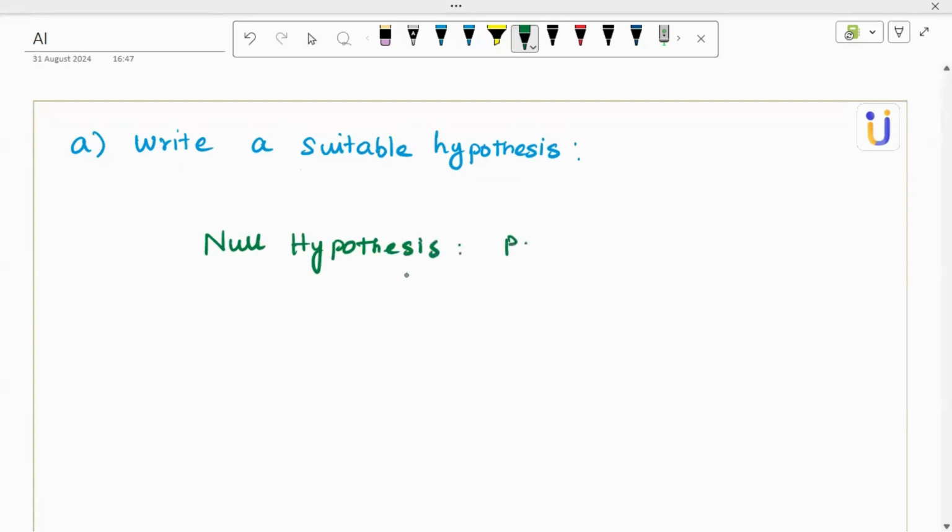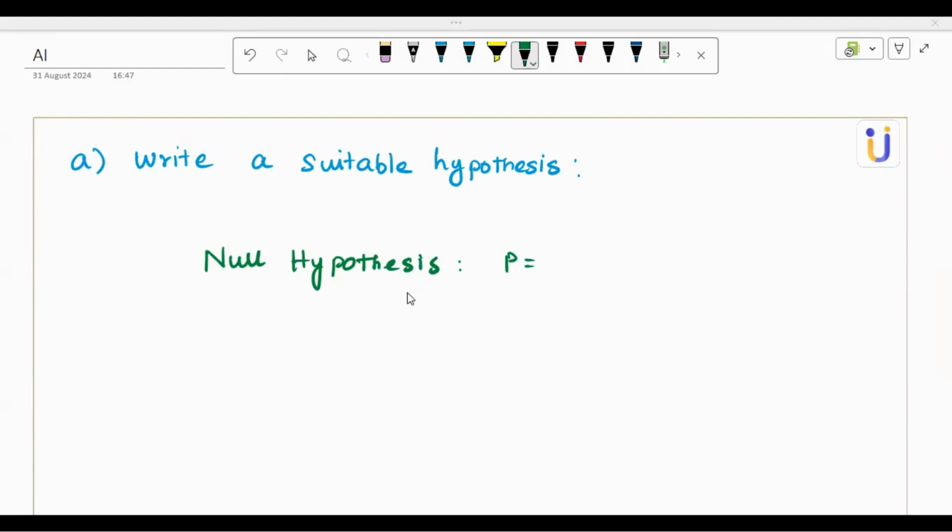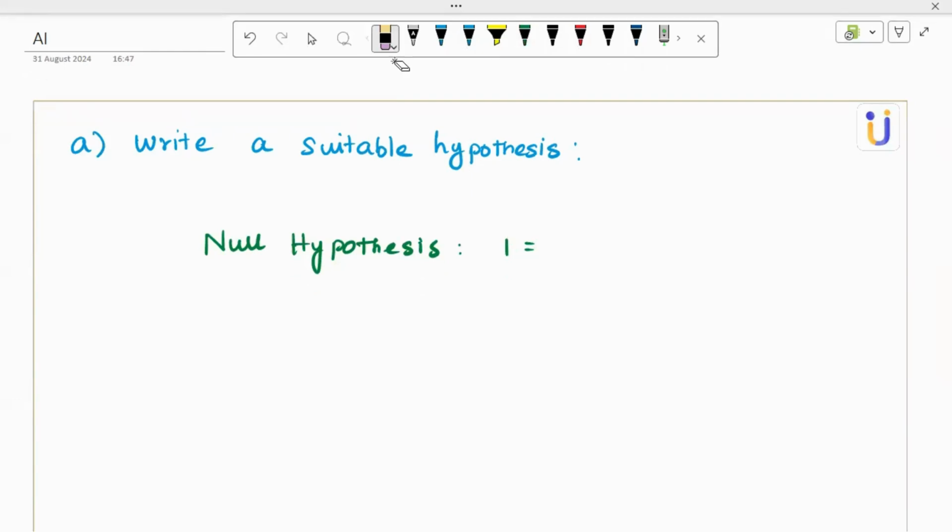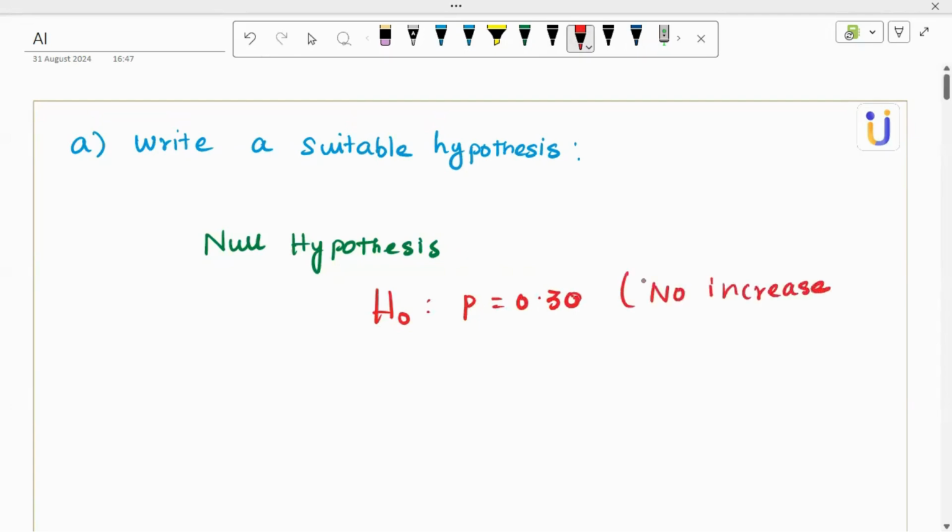You can write it in a probability manner. So H naught: P is equal to 0.30. If it's still the same, it doesn't have any effect, which means no increase in healthy options.